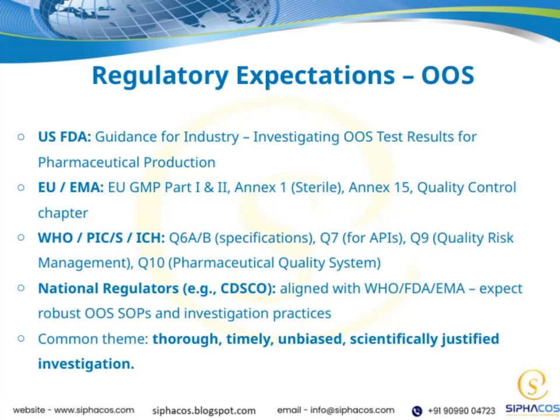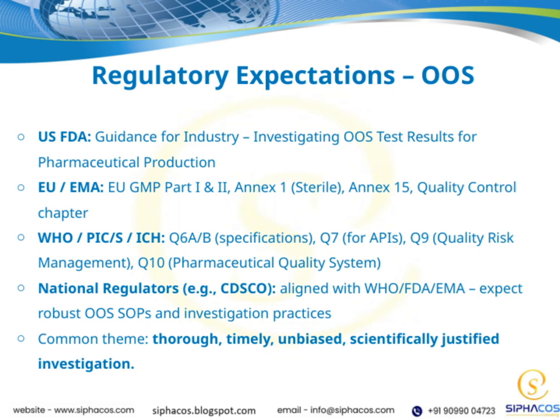When it comes to out-of-specification, or OOS, test results, regulatory guidance is quite comprehensive. In the U.S., the FDA provides specific guidance for the industry, emphasizing the importance of thorough and scientifically justified investigations. They stress that investigations should be timely and free from bias to ensure the integrity of the quality process.